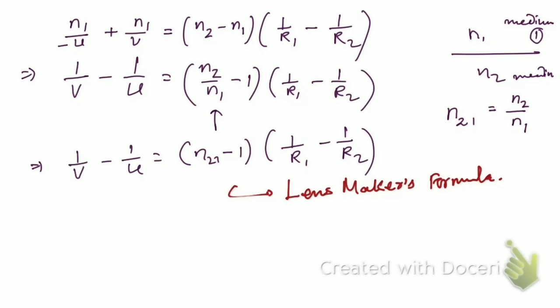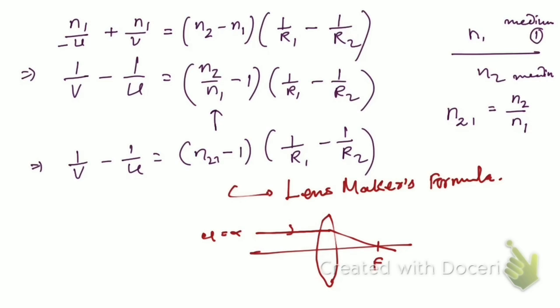Now you see, in case of a convex lens, let me take this lens. If you keep the object at infinity, or if the object distance is infinity, u is infinity, then this ray passes through the focus.